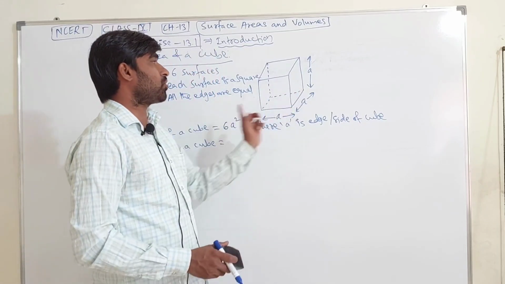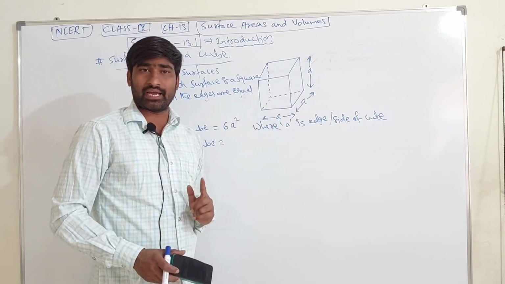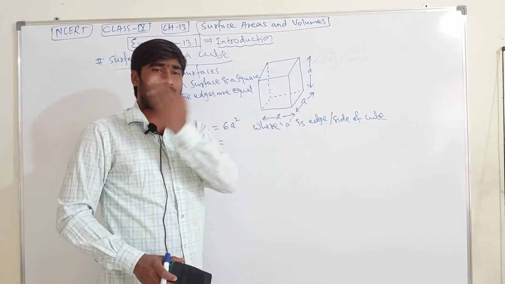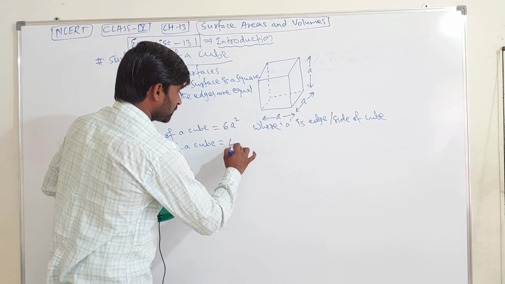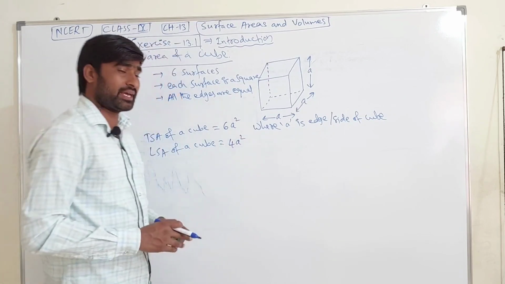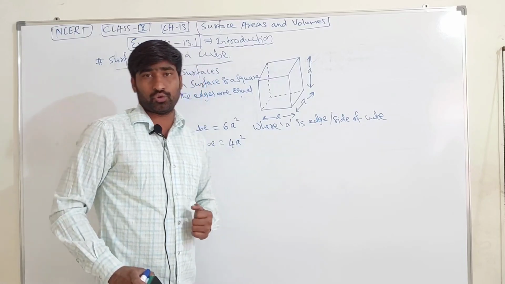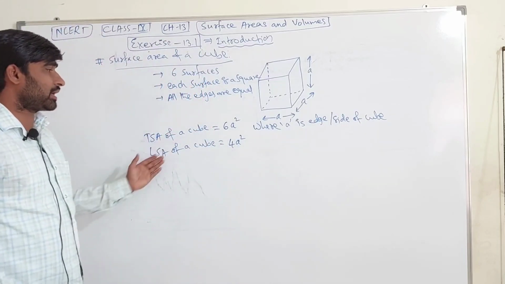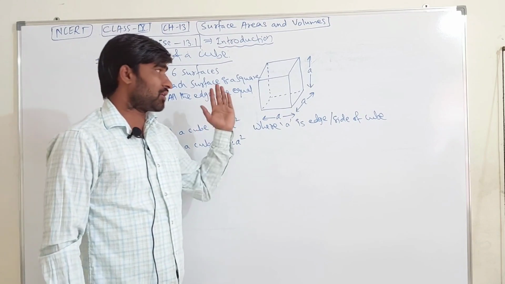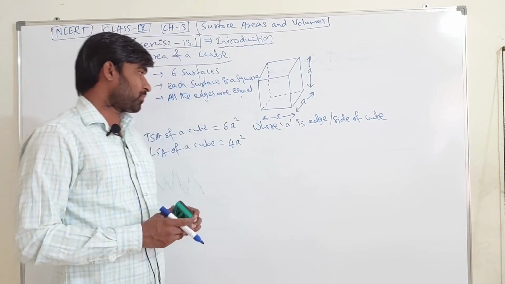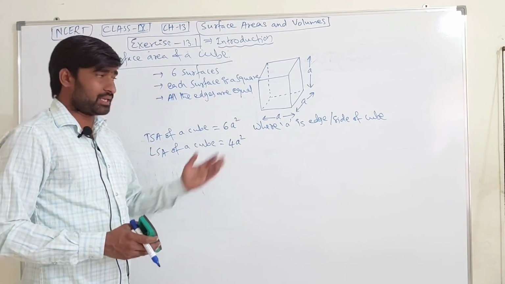So we have to take only the 4 surfaces' area: front, back, right and left. So we will get 4a square. Again the same, where a is the edge or side of the cube. So this is the total surface area and this is the lateral surface area of a cube. Before proceeding to example 1, please note it down.